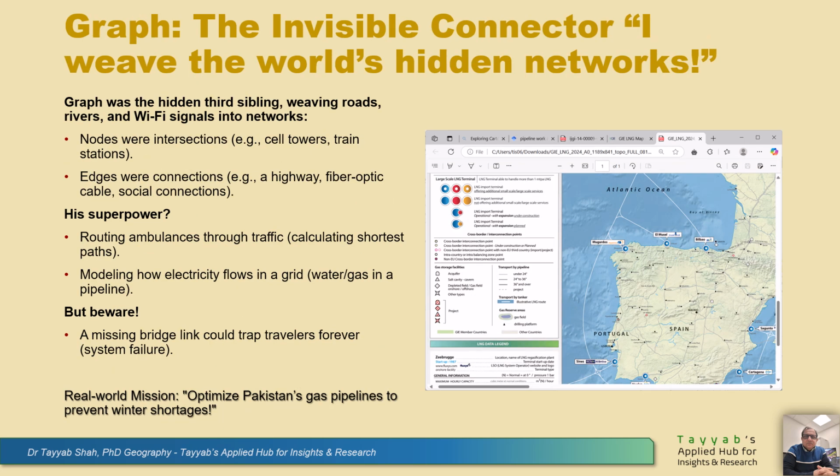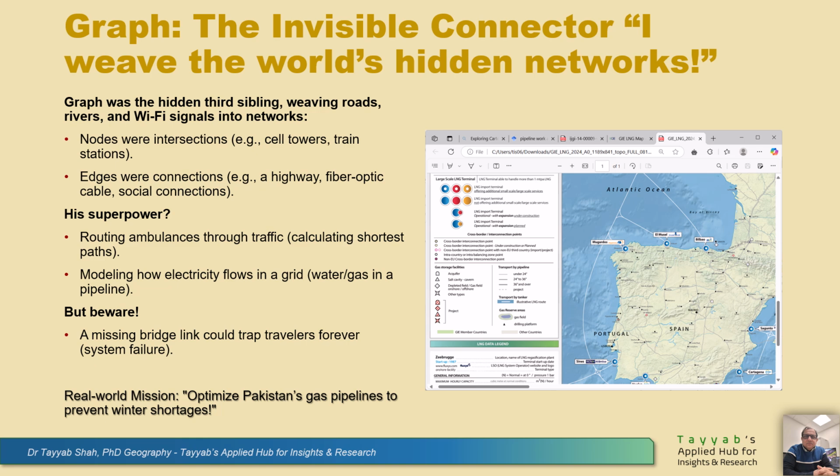Graph, the invisible connector. I weave the words hidden networks. So graph is the hidden third sibling, weaving roads, rivers, and Wi-Fi signals into a network. Nodes are intersections, edges are connections. For example, highways, fiber optic cables, social connections as well.